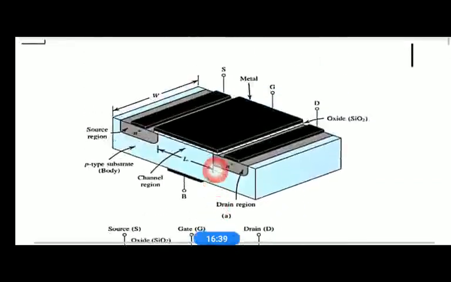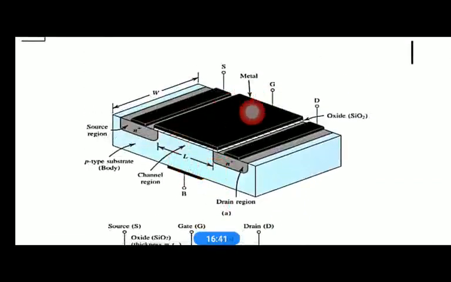W is the width of this area, and L is the length of this area from this point to this point.